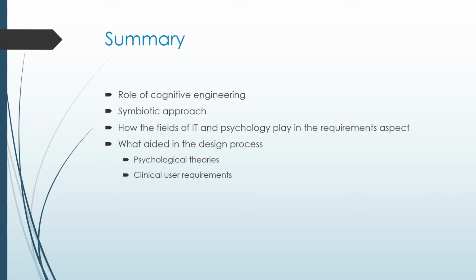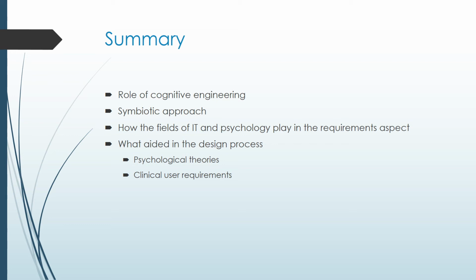So, we talked a lot today about the role of cognitive engineering. Like I said, I talked about how important it was for the users of the system and the engineers to work together to create these. First, they create the usability requirements, and then turn those usability requirements into actual specifications.